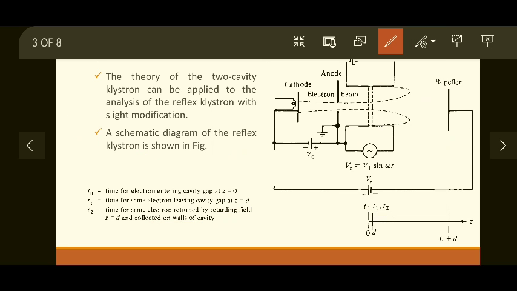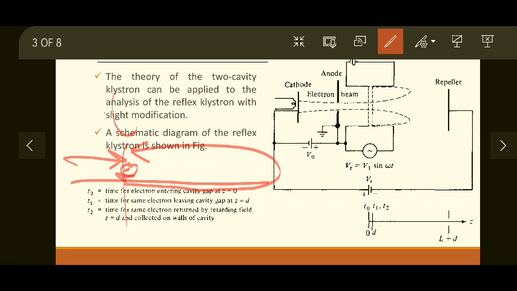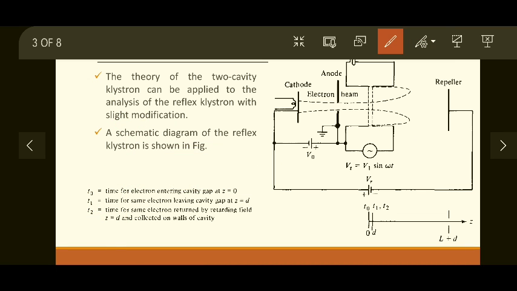So although T1 and T2 are the same point on the diagram, electrons arrive here at T1 and come back here at T2. That is the difference between T1 and T2.